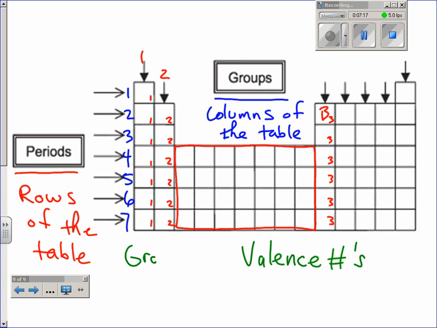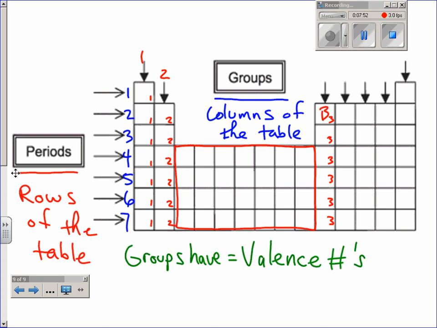So groups then have equal valence numbers. That might be something worth writing down. So the groups on the table have equal valence numbers, and they progress from 1 on the left up to 8 on the far right.